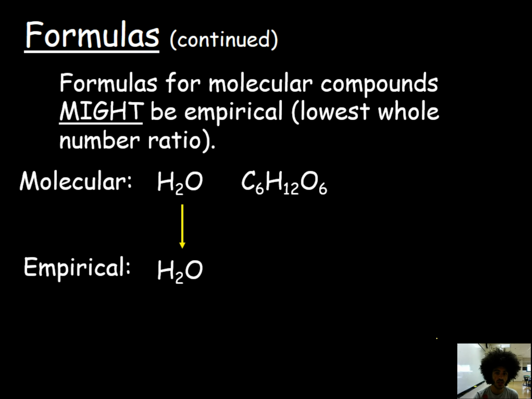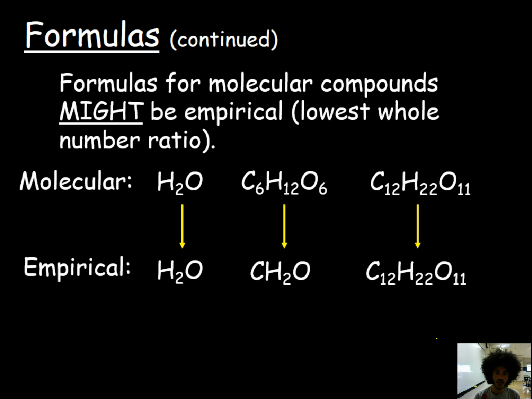If we consider glucose, which is C6H12O6, we can actually simplify this because each number is divisible by 6, and that should give us CH2O. And if you consider this molecule, C12H22O11, it's actually the same, the empirical formula is the same as the molecular, because you can't actually divide the numbers by a common factor because of that 11. So that's the basics of how to do it.